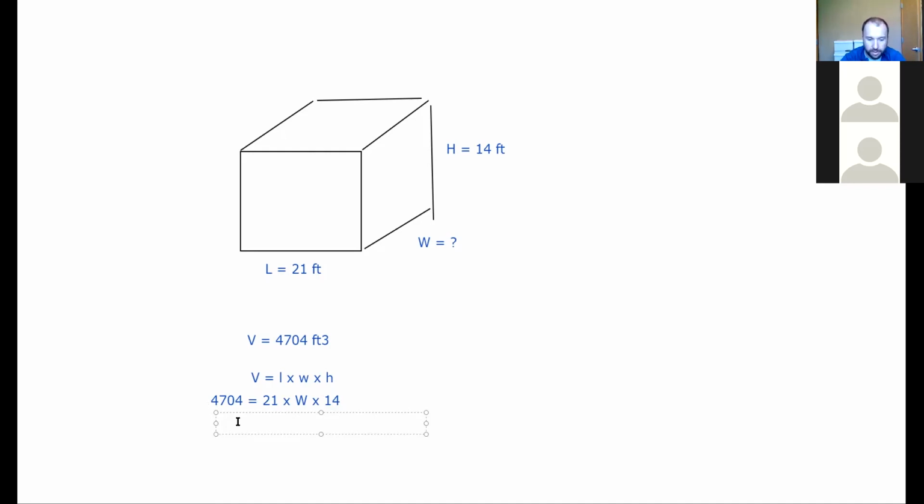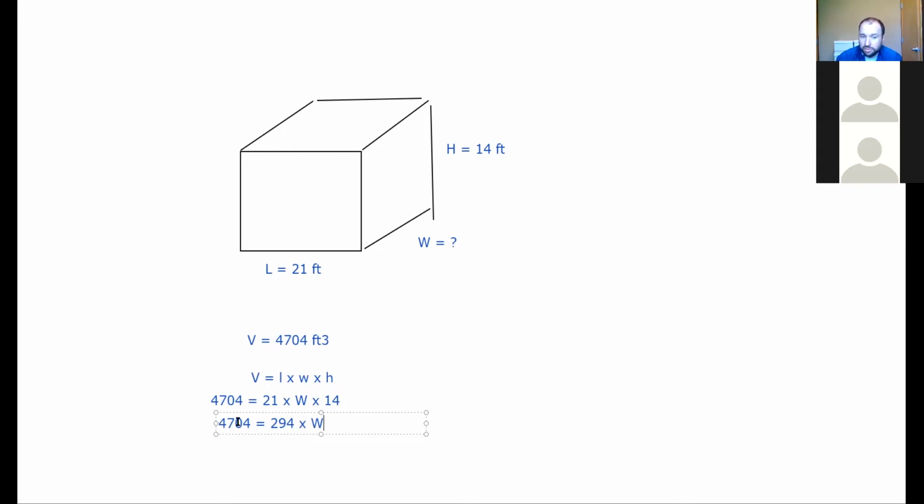So 4,704 is equal to, I'm going to do 21 times 14 in my calculator, and I get 294. I realize I might be going kind of too quickly through this, so hopefully this is making sense. So 294 is equal to 21 times 14. So I'm going to rewrite it like this. 4,704 is equal to 294 times W.